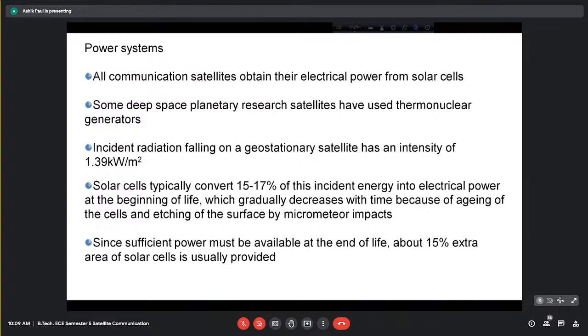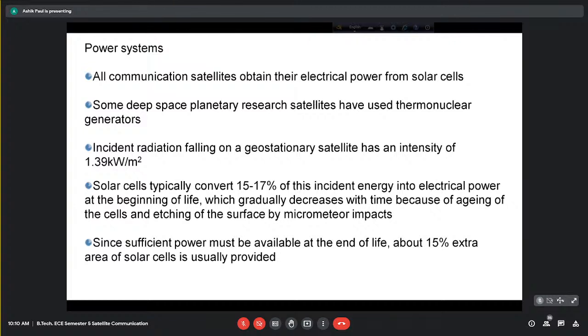The properties of those points are that they do not allow the satellites to drift away. Even if some forces try to make them drift away, they will come back to those locations.